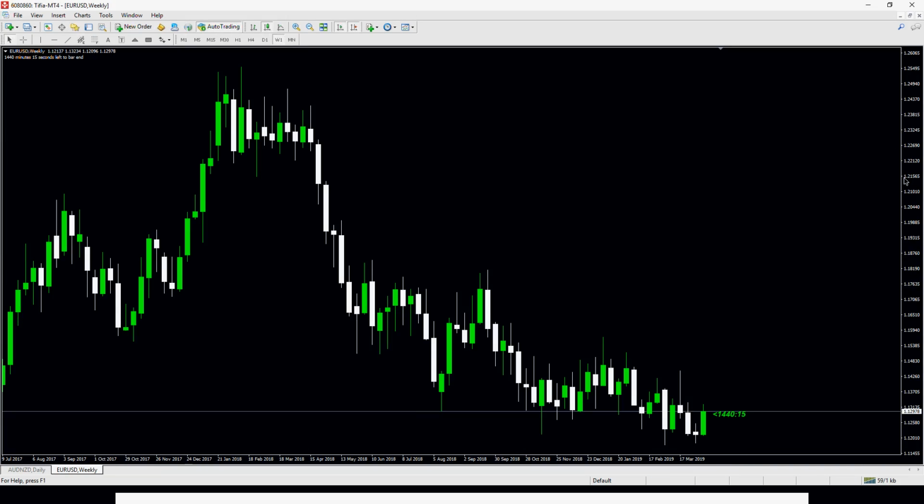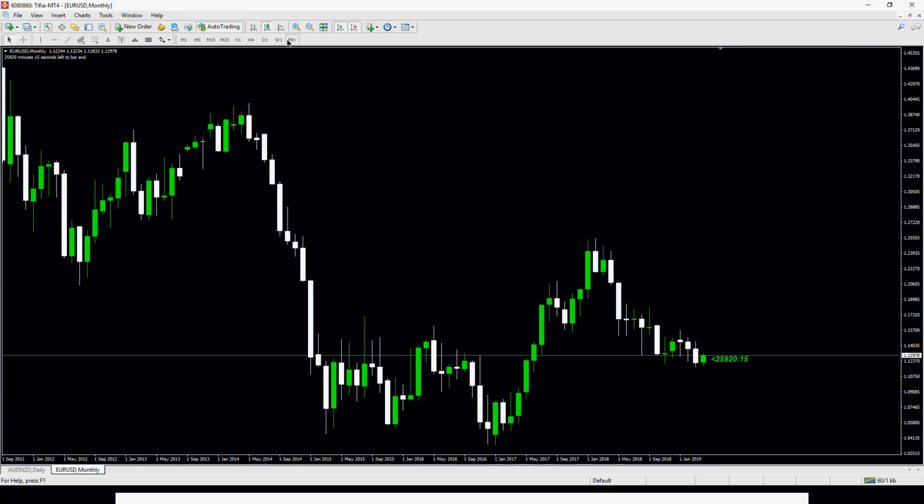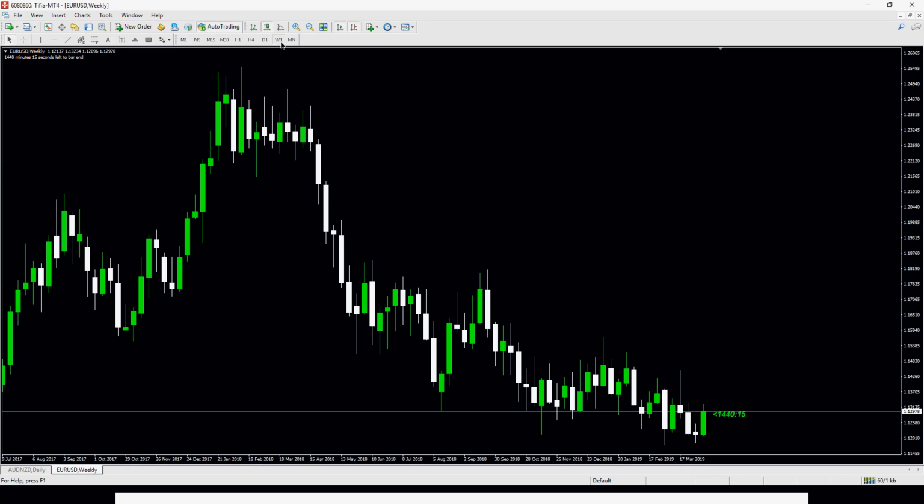Over here on the right, this is the price of the particular market at this time. This gray number over here is the actual price when the market closed on Friday. For those who are just starting to trade, the market is closed on Saturday and Sunday. So when we talk about monthly, there are only about 20 days minus the weekends, and on the weekly there are only about 5 trading days.